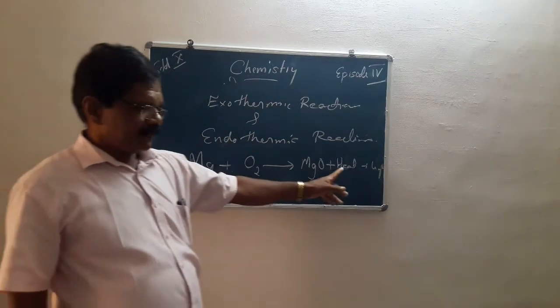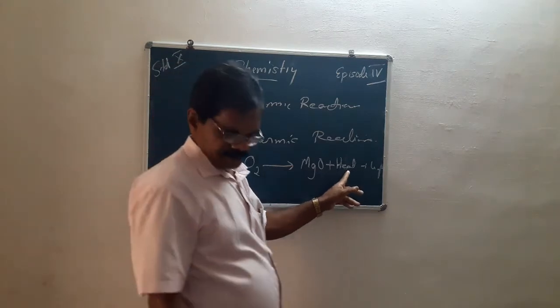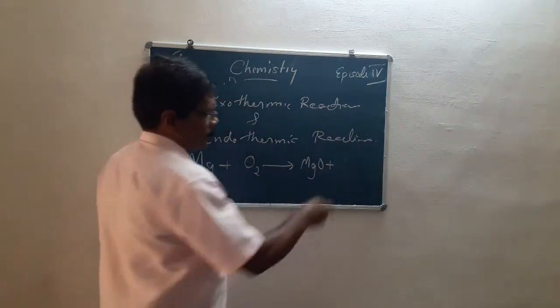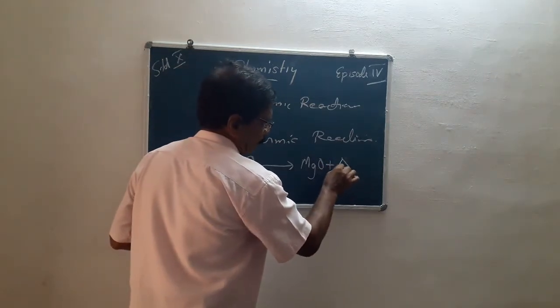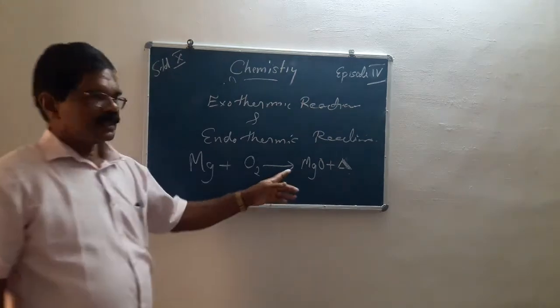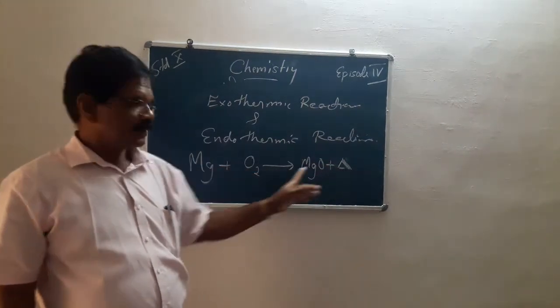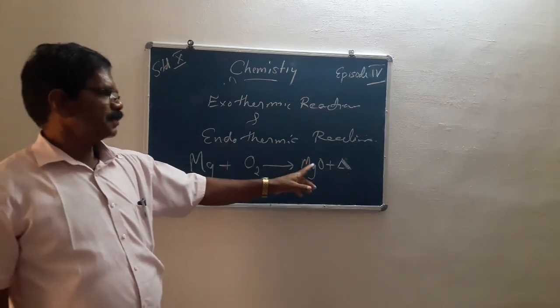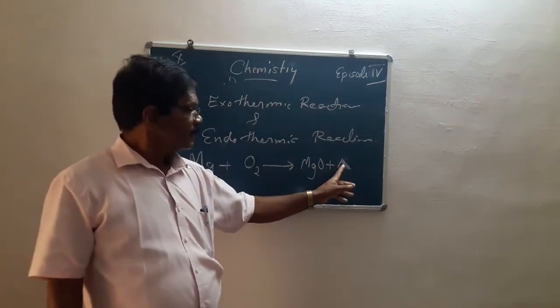Heat energy can be represented by a symbol; this symbol denotes heat energy. When magnesium ribbon burns in oxygen, it forms magnesium oxide and heat energy.